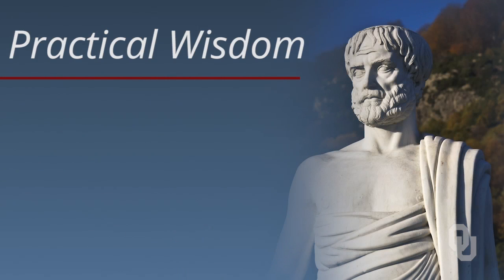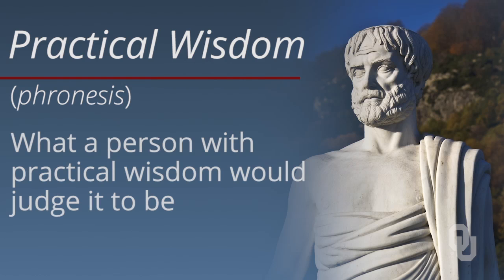In the last lecture, I said that Aristotle makes practical wisdom, or phronesis, the key virtue. The right thing to do, all things considered, is what a person with practical wisdom would judge it to be. Perhaps practically wise people follow rules that they can teach us. But maybe a person with practical wisdom sees what to do, but she cannot fully explain why it is the right thing.